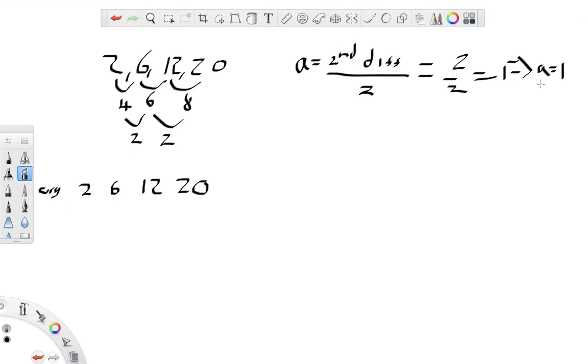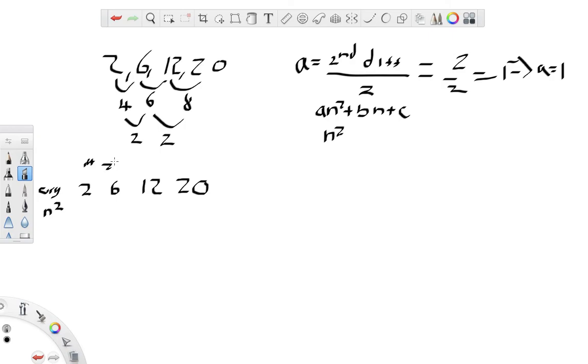And then because a was 1, and we're using an squared plus bn plus c as our general form of this nth term for the quadratic sequence, we substitute what we know in. Well, we know that a was 1. We've got n squared so far. And then we ignore the rest of it because that's what we're trying to work out. So then we find the values of n squared. Well, that was our first term. So this is our first.